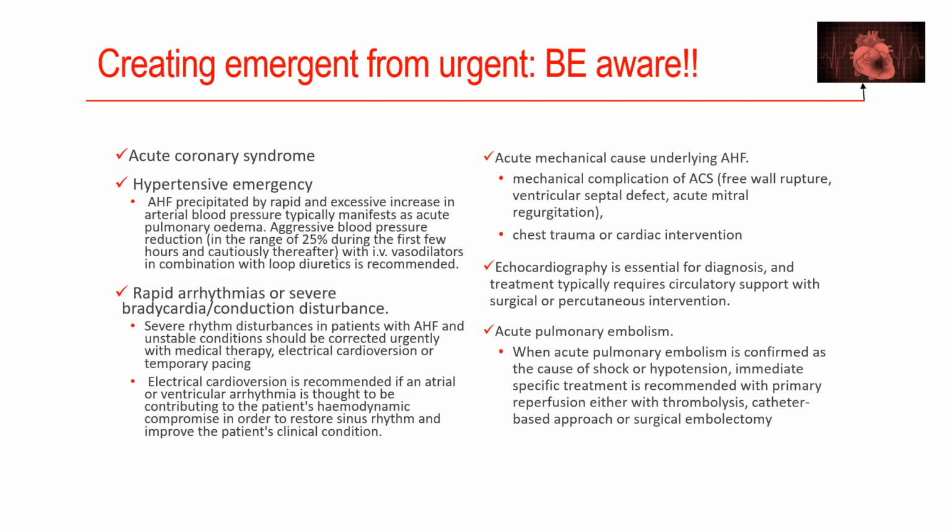Hypertensive emergency, that blood pressure is so high that your vasotone is so significant that you now have mitral regurg and pulmonary edema because of your hypertension. You have aortic regurg, mitral regurg, pulmonary edema. So you got to get that vascular tone under control. You're going to drop it about 25% in the first 2 to 3 hours, and then going to be a little cautious after that. So first with vasodilation and then loop diuretics.